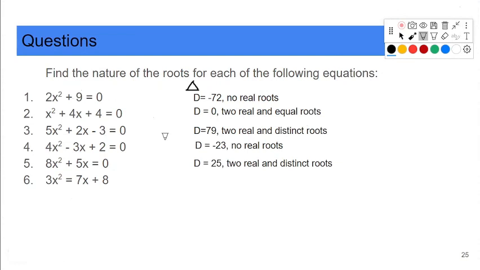Next one is 145 with 2 real distinct roots. Yep.